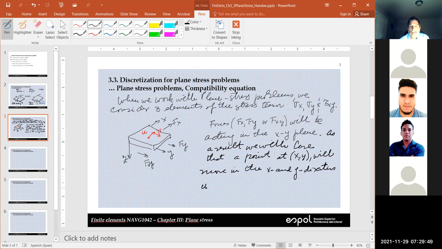This point will move in the X direction an amount U, and in the Y direction a different amount V. So we're going to need to find two displacements, U and V.